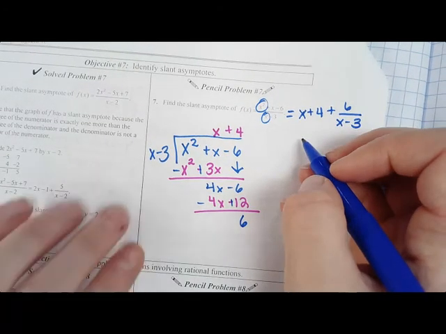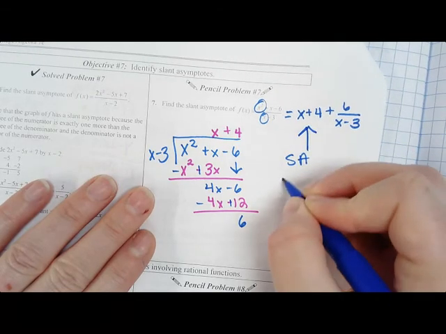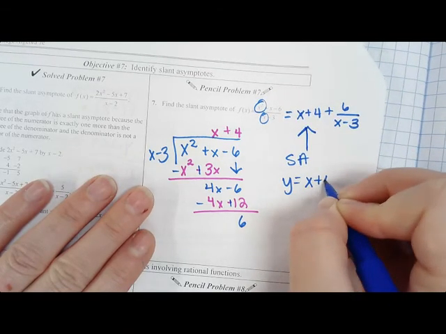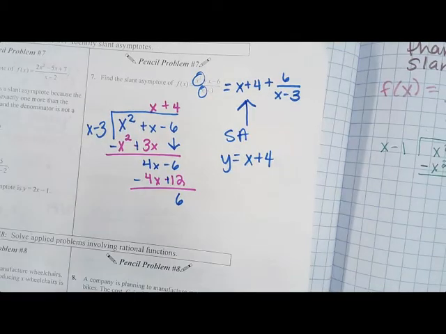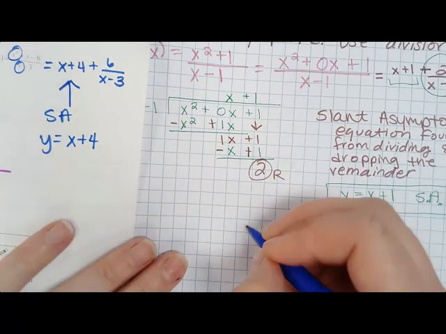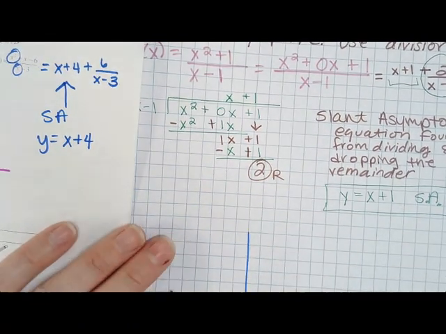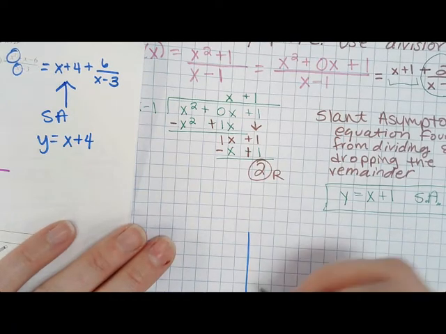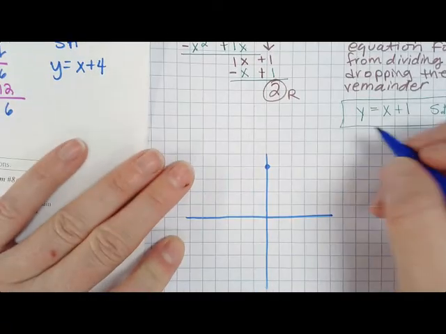So then this would be our slant. So it would be y equals x plus 4. The way that you see a slant asymptote on the graph is as a linear function, and this one has a positive slope. So your y-intercept is positive 4 and your slope is 1.